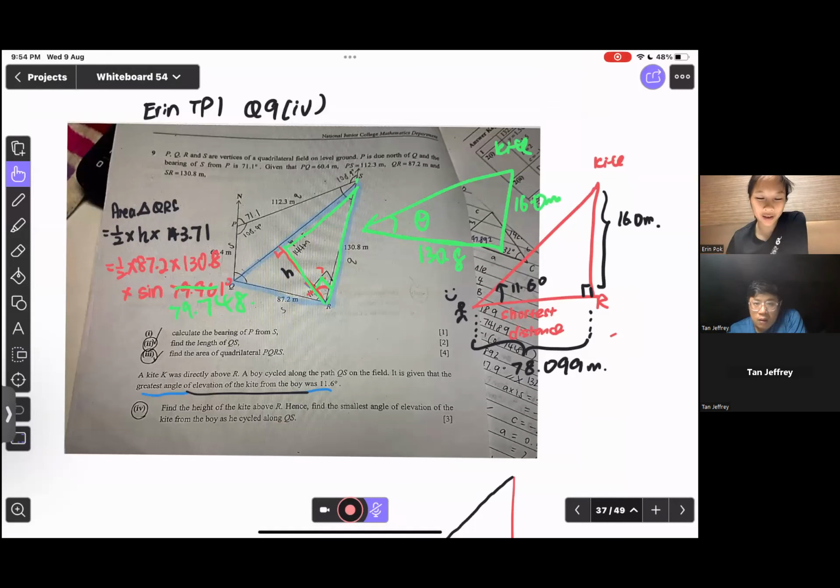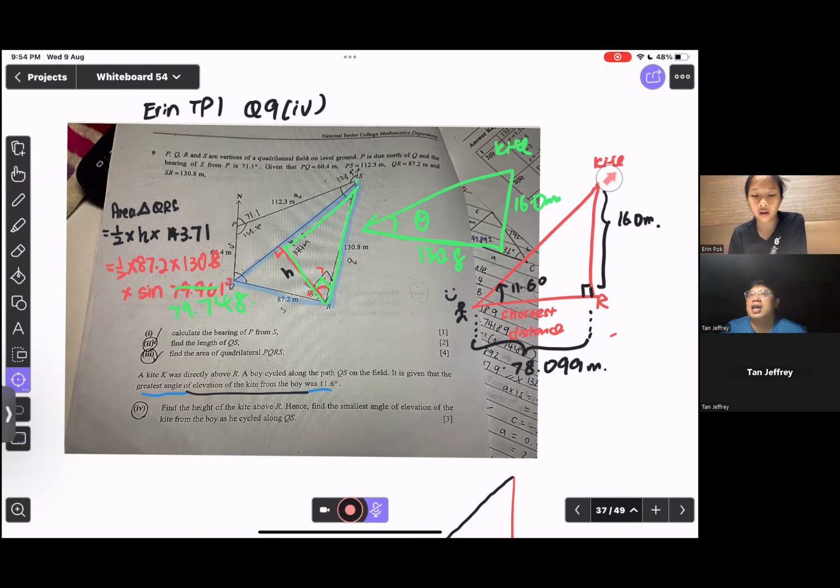Wait, sorry. After I find the height again, what do I do? After you find the height, okay, so you got 16? Wait, 16 is the height of the kite above the field. Sorry, is it K? I found 78.099. Correct. This one is the shorter distance, right? Then you use 11.6 and the shortest distance to find the height of this KR.